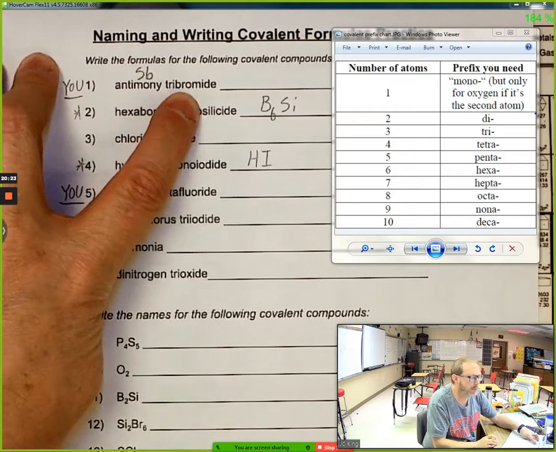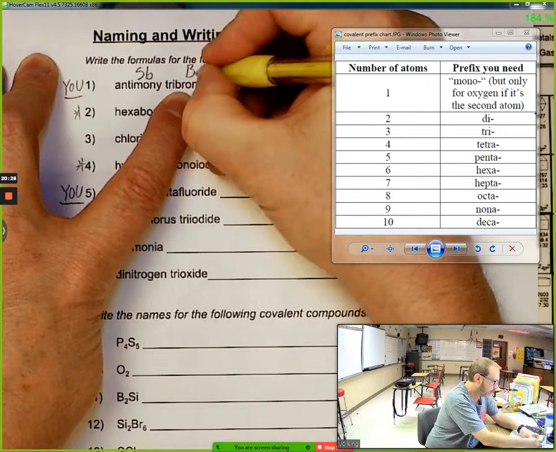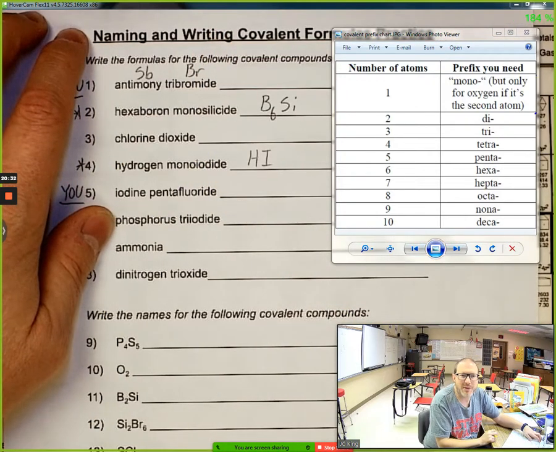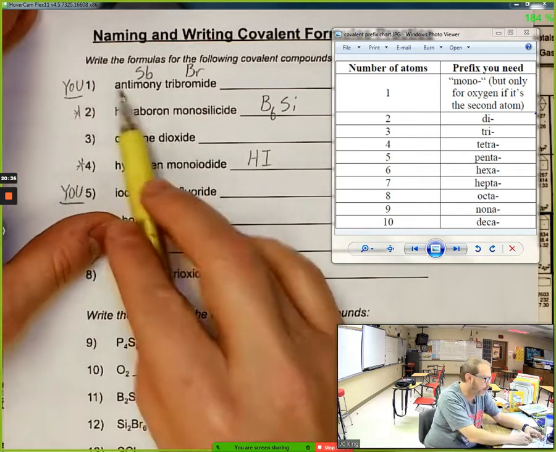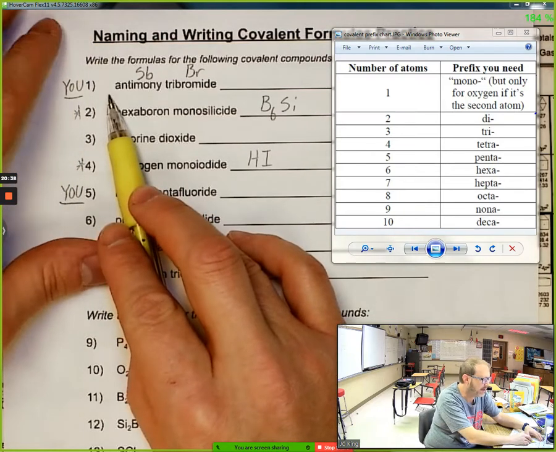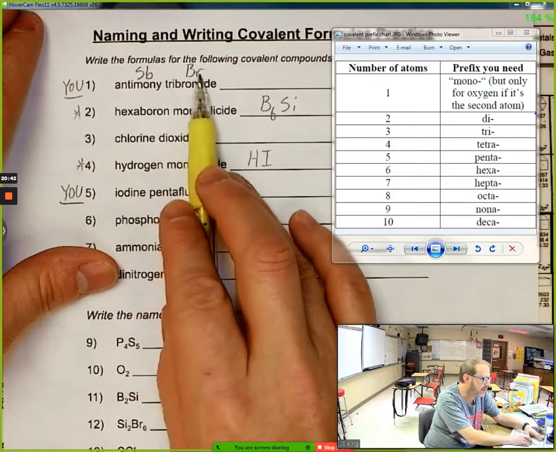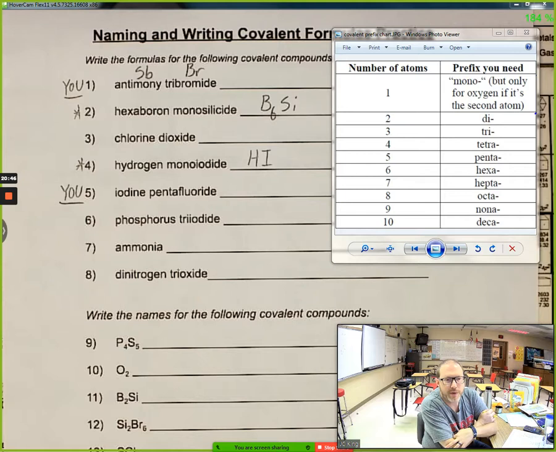The brom right here tells me that's going to be bromine. So I'm going to have both Sb and Br. And so there's no number in front of that, so it's just going to be one of those guys. The tri tells me there's going to be 3 of those. So yes, y'all who are popping up in the chat, SbBr3, that is absolutely correct.